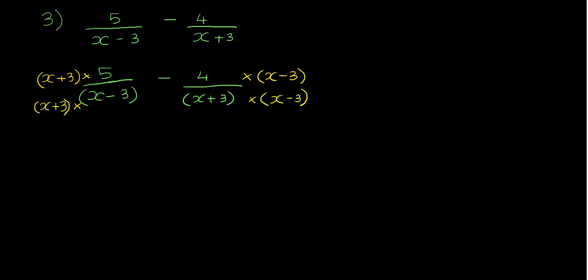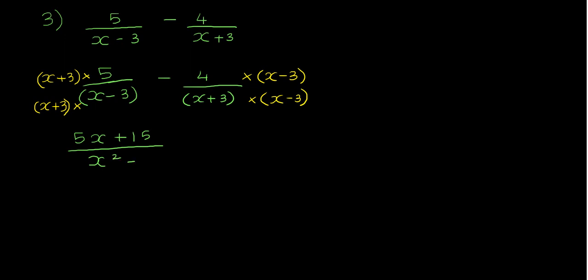So let's expand these. 5 times x is 5x. 5 times 3 is 15 over x squared minus 9.